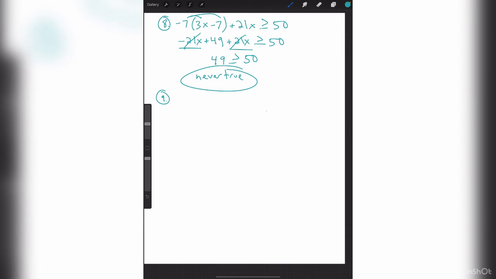Number 9. Okay, it says solve each compound inequality. And then it says graph the solution. So it's a 2-step problem. So solve and then graph. But now these are including and or. And I'll show you what to do with each of them. So really there's 2 that you're solving.